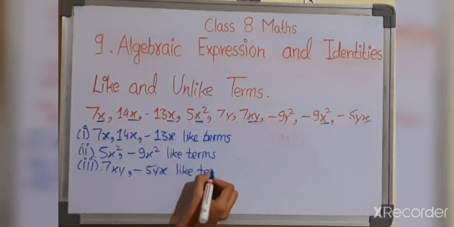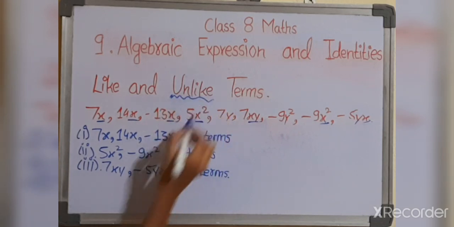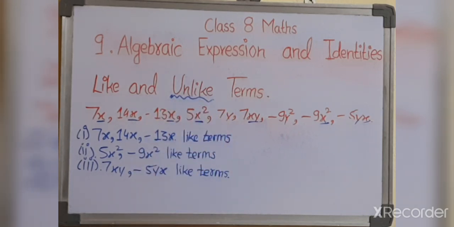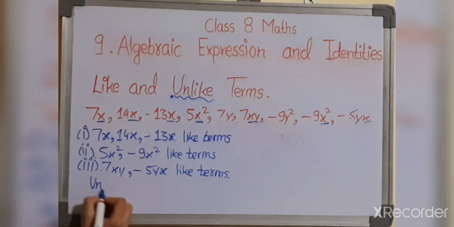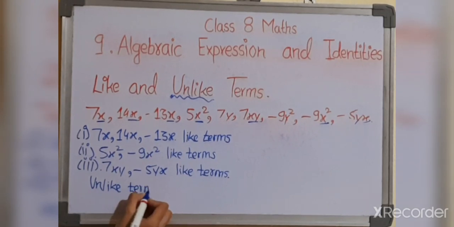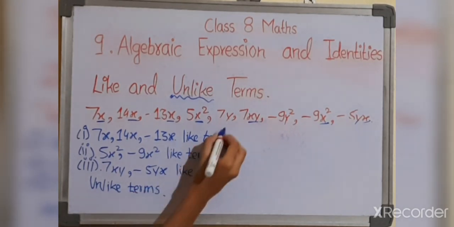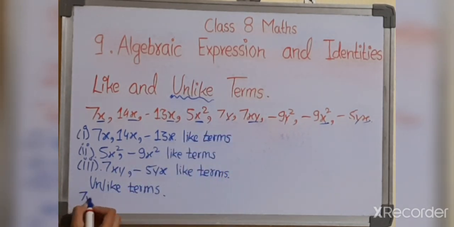Now let's see what are unlike terms in these. The remaining ones don't have the same variables. We call them unlike terms. There are many unlike terms in it. See here 7y and 7x. These both are also unlike as they don't have the same variable.